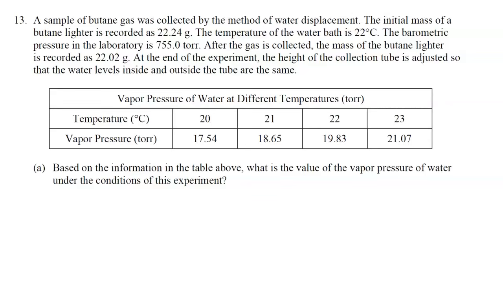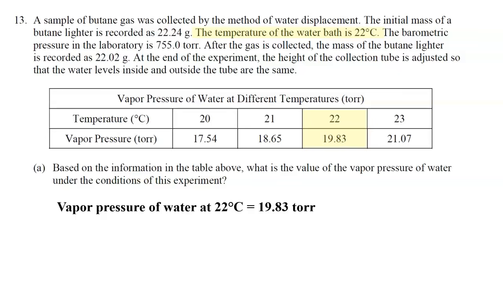And since we are told in the description of the experiment that the temperature of the water bath is equal to 22 degrees Celsius, looking at the data in the table, we can see that when the temperature of water is 22 degrees Celsius, the vapor pressure of water has a value of 19.83 torr. So the vapor pressure of water at a temperature of 22 degrees Celsius is equal to 19.83 torr, and that's the answer to part A.